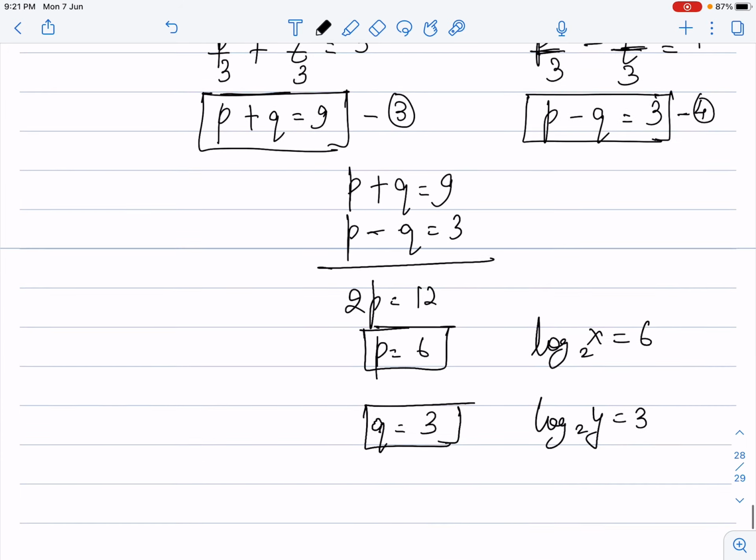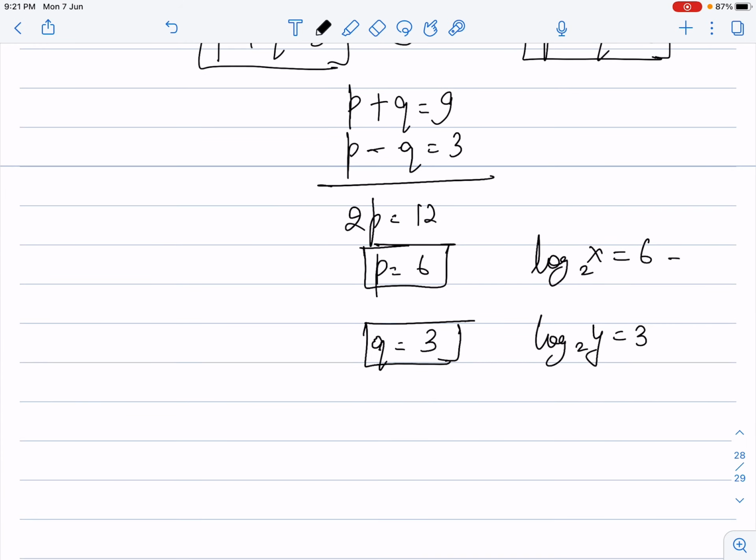Let it be the fifth expression, and let it be the sixth expression. So the fifth expression yields x is equal to 2 to the power 6, and the sixth expression yields y is equal to 2 to the power 3.